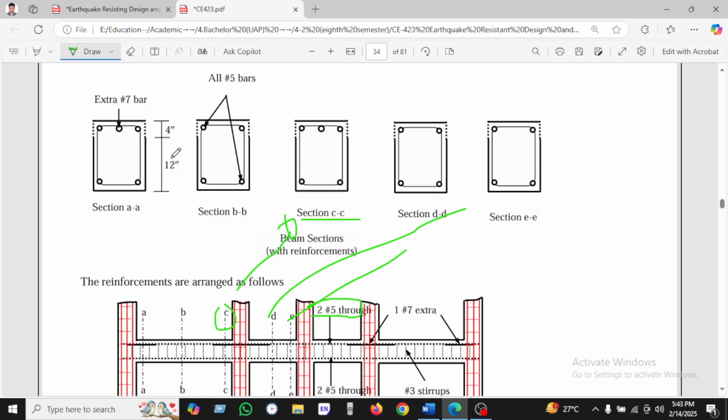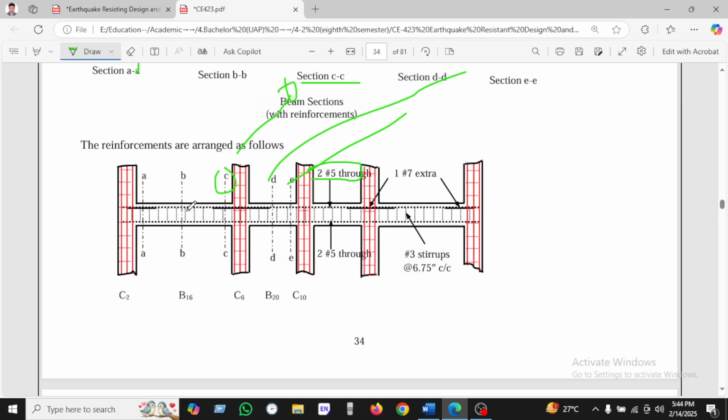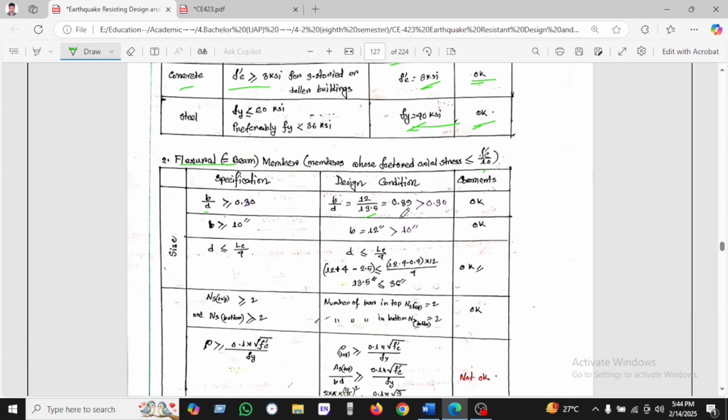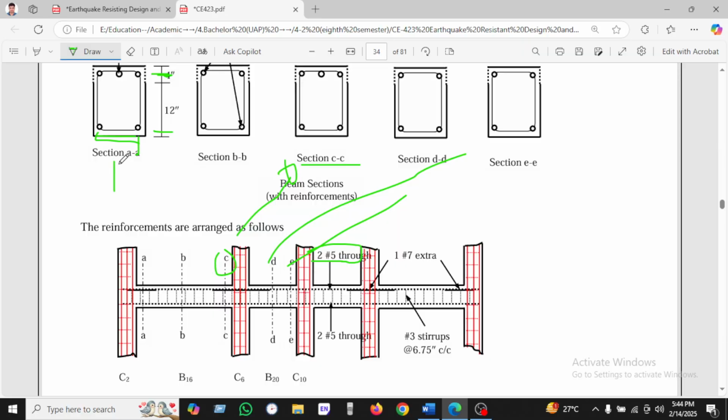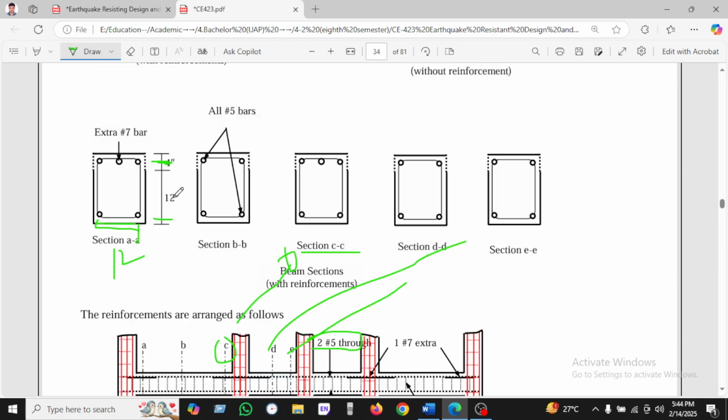So the ratio is 0.89, which is greater than 0.3. So it is okay. The specification is B greater than 10. We've used B as 12, as we've been seeing here.